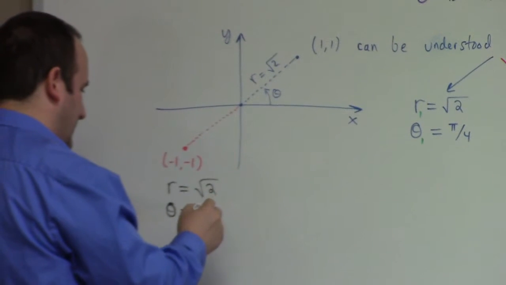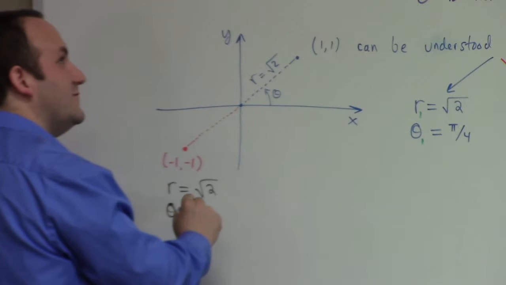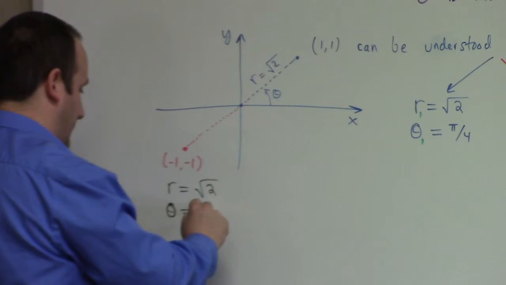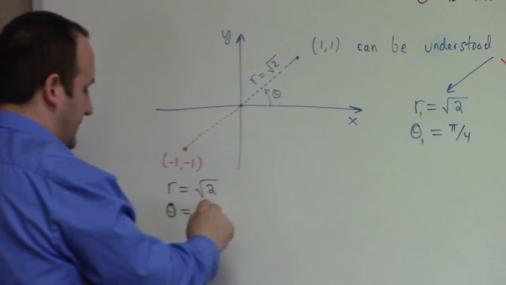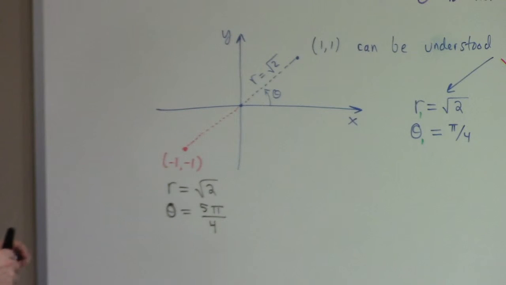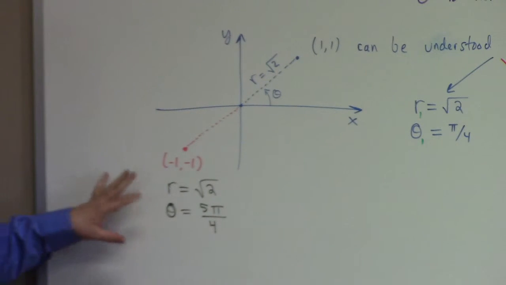Pi plus... 225 I would take, but I was looking for, yeah, 5 pi over 4, right? I should use radians. It is calculus after all. But I do think in degrees, I'll admit it. So that is this point, all right? In the standard polar coordinates, right?